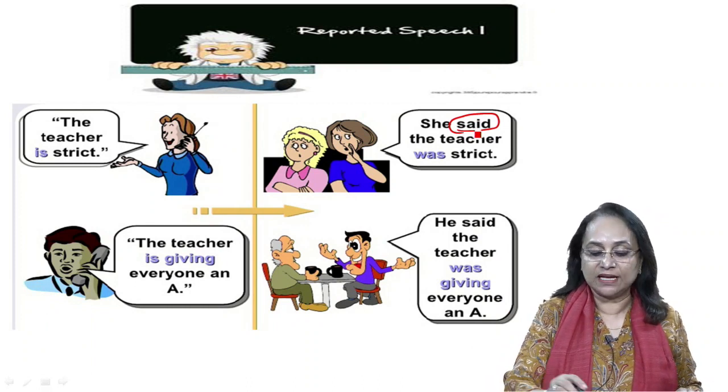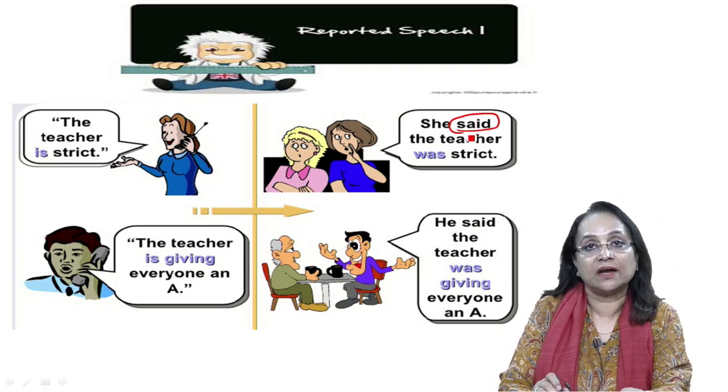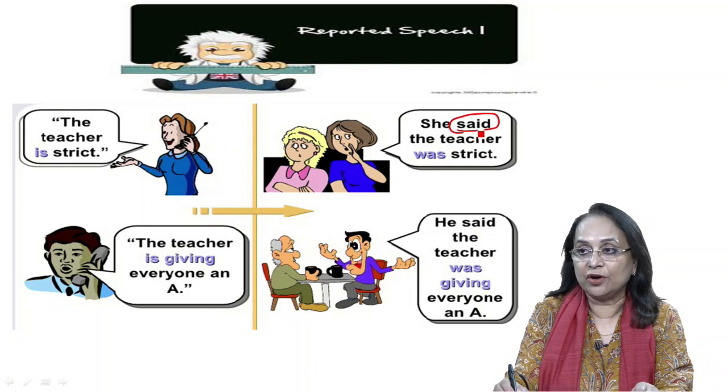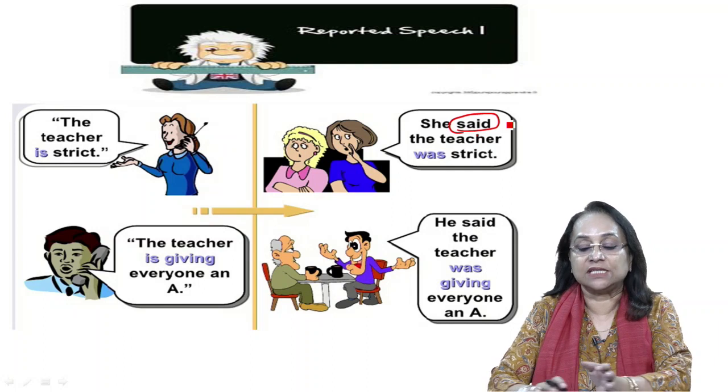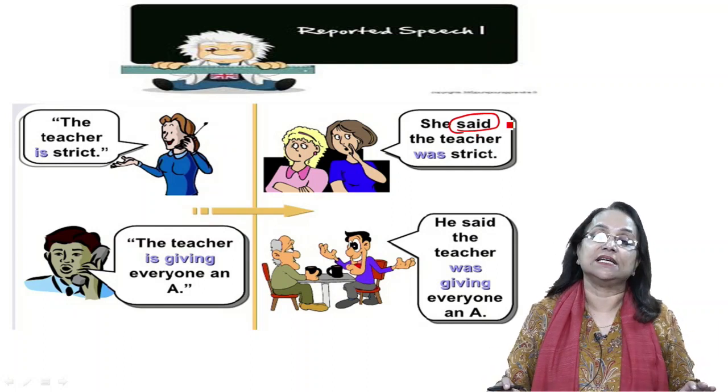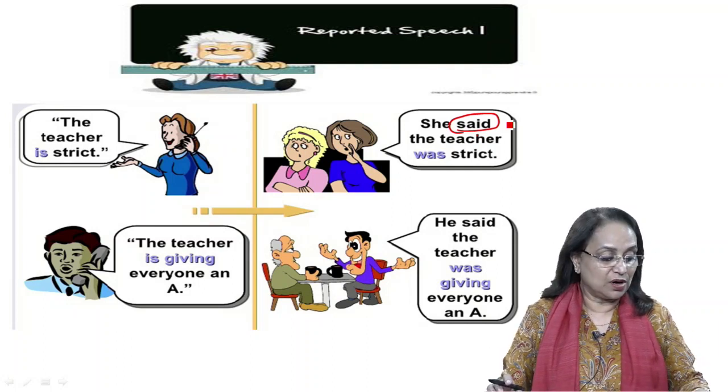This said was not there in the direct speech. It is there in your reported speech. The moment we have used this word said, all the sentences change. So let us see what are the changes that happen when we speak in reported speech.